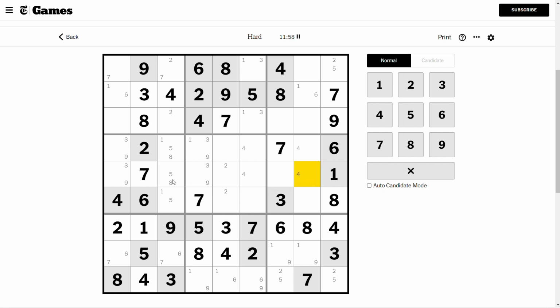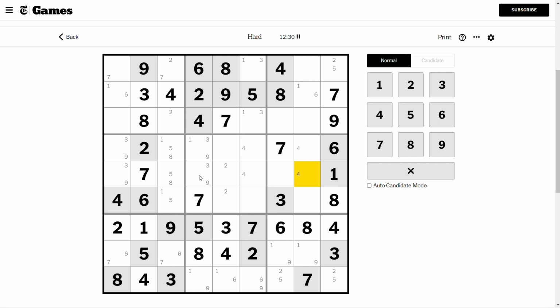Another way to say this is that because only 3 and 9 can go into these 2 cells, it means that no other digits can go into these 2 cells. So where are all other digits? They go into the other open cells. The missing digits of row 5 cannot go into these 2 cells, so they have to go into the other open cells.